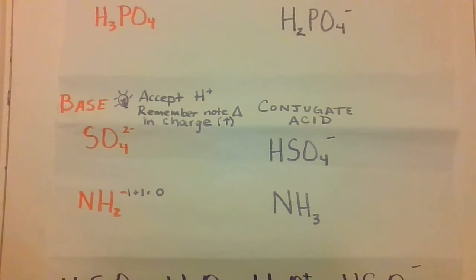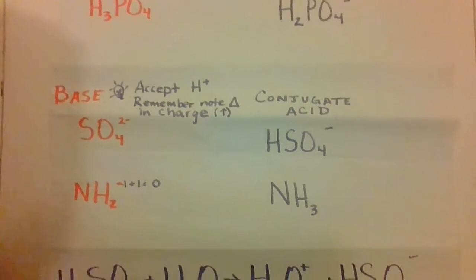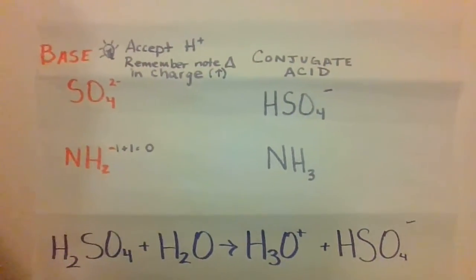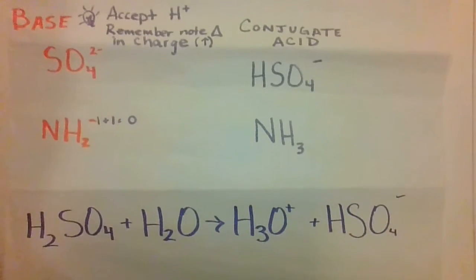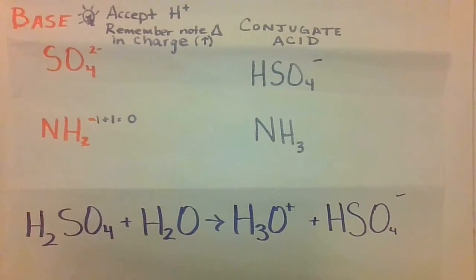So now that we've done separate compounds, let's look at this in the sense of a chemical equation. So here we have H2SO4 plus H2O yields H3O plus 1 charge plus HSO4 with a -1 charge.